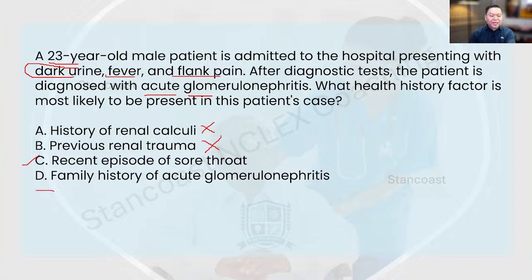Family history of acute glomerulonephritis. Kind of tricky, right? There's already the word acute glomerulonephritis. But did I say something about family history as a risk for developing glomerulonephritis? I don't think so. Even though a family history could be a significant piece of information, does one family member having glomerulonephritis mean it is an infectious, contagious disease that could spread to this person?